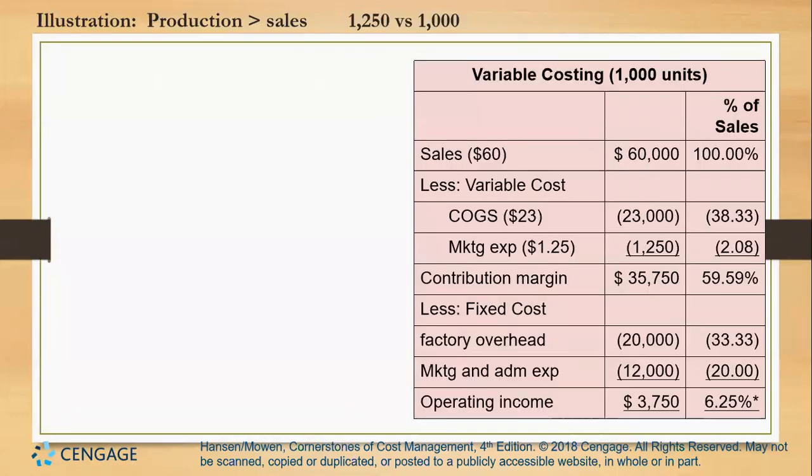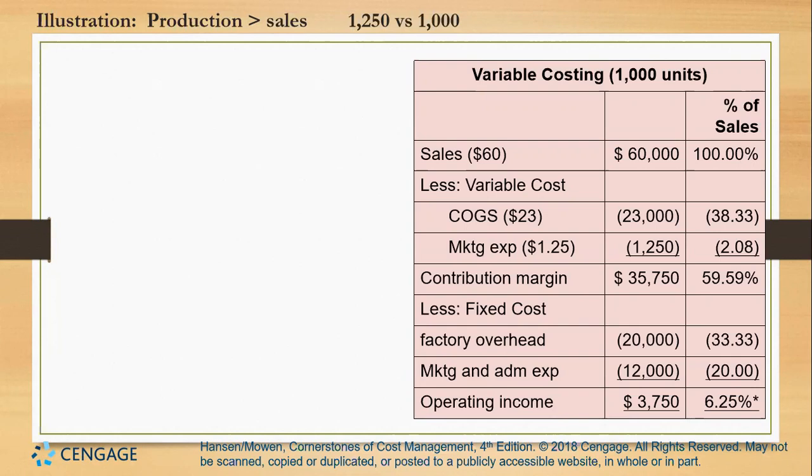Now, under variable costing, cost of goods sold is only at 23. That excludes the fixed factory overhead. Then we are going to deduct the marketing expense. We have the contribution margin.